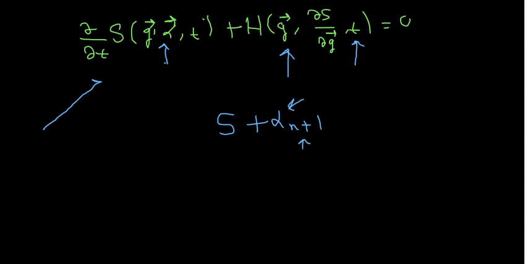But actually, we can simplify this solution once more by noticing that s is included only by its time derivative in this Hamilton Jacobi equation. So that means we can drop this constant right here and be satisfied with just getting an s. Once you get the s which satisfies the Hamilton Jacobi equation, you're done. You've solved it for the dynamical system you're after.